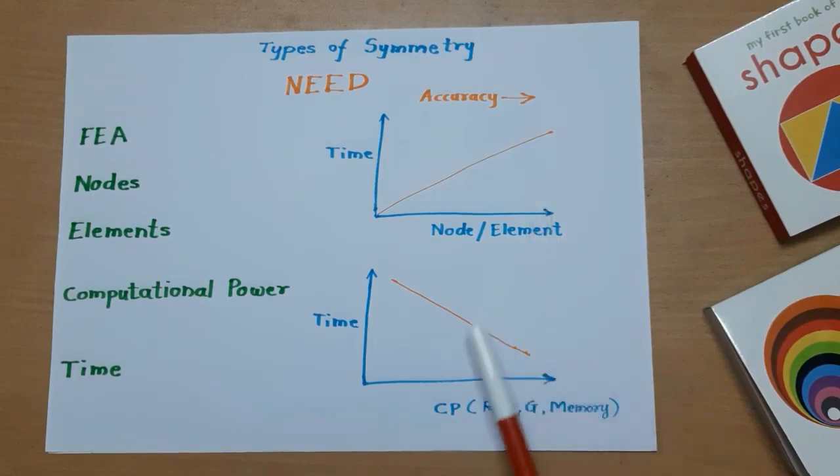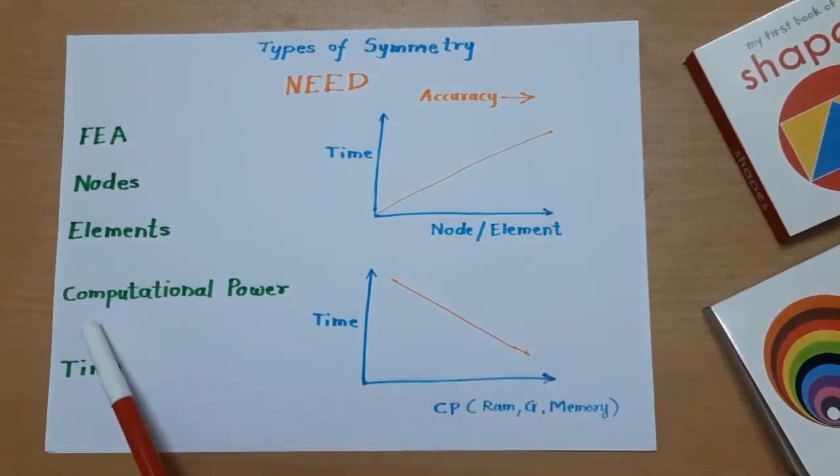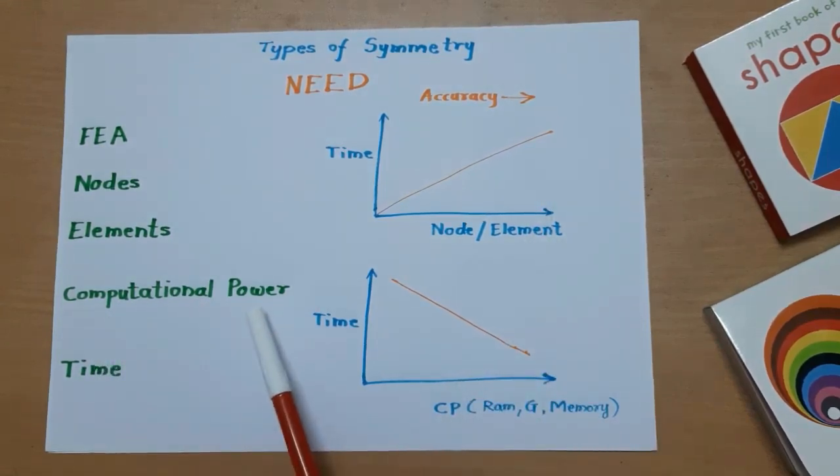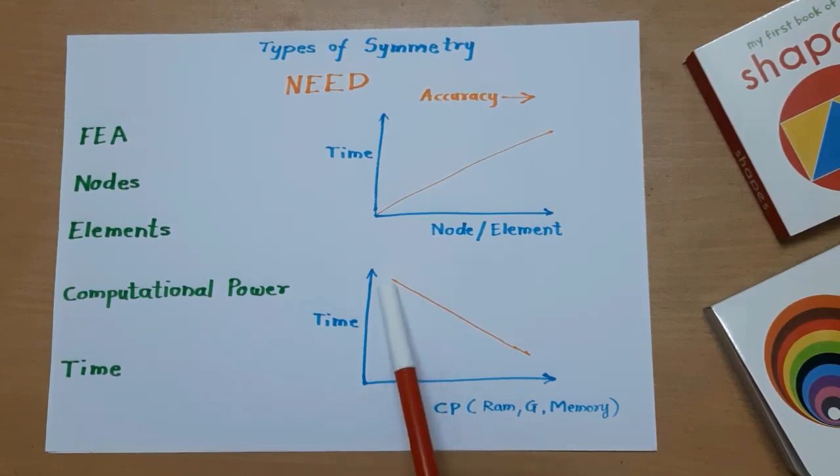Let's move to the next graph. Here is a picture of computational power, that is, computational effort, which consists of RAM, graphics card and memory. If we have low RAM or low computational power, then the time required for solving this problem is more.